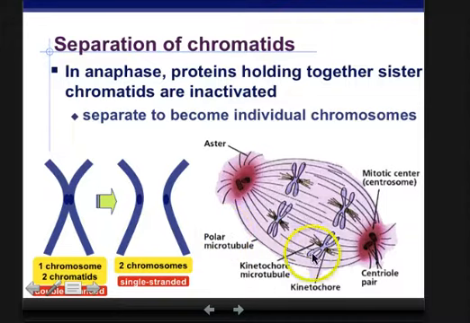And here again, we're showing the kinetochore and kinetochore microtubule complex that's involved in this motion, the aster, the polar microtubules, and the centrosome.